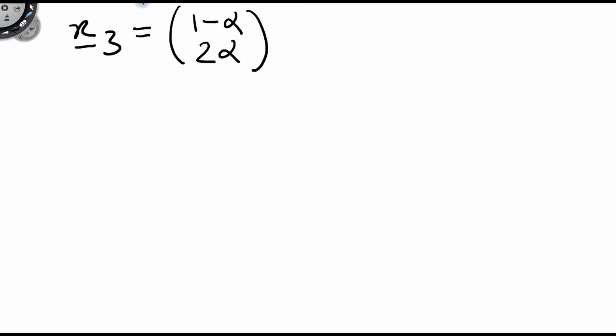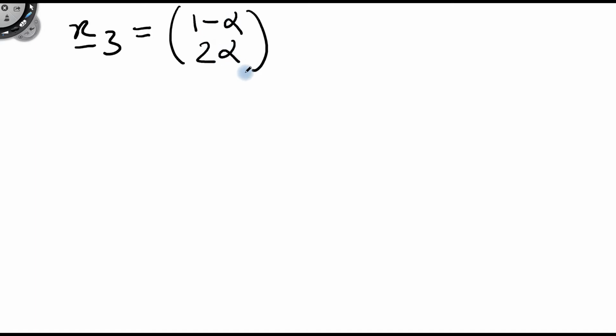So let's write x3 up here: 1 minus alpha and 2 alpha. Those define the x values and y values you're going to feed into your function.